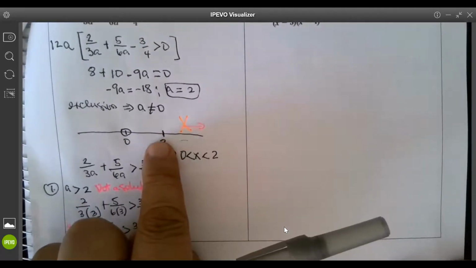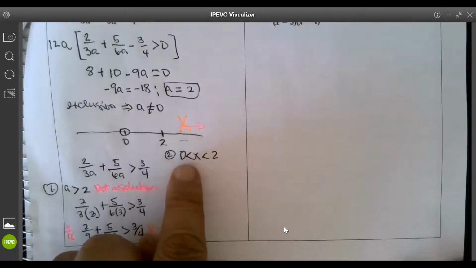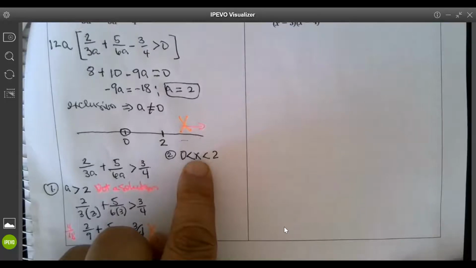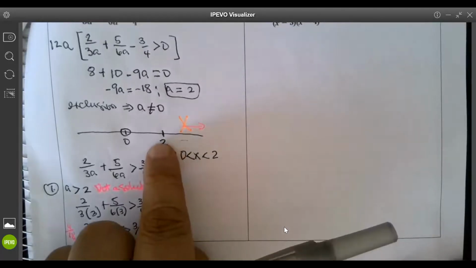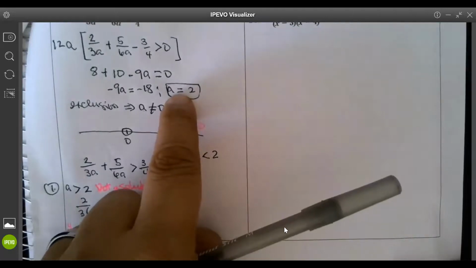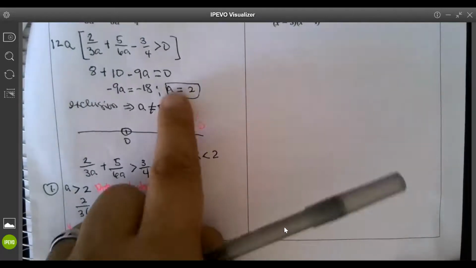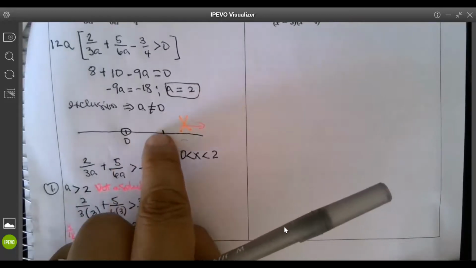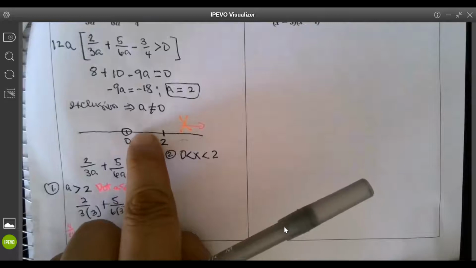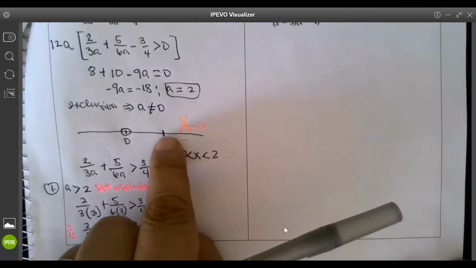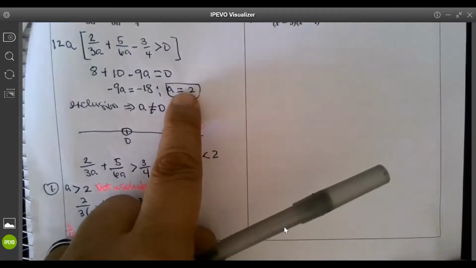Okay, to play safe, let's take 1 here. And let's decide afterward if 2 is also a number, since that one is A equal to 2.